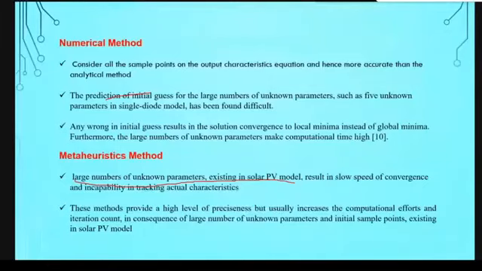But in addition to these areas, you can also explore research in reducing the model of solar PV: how you can reduce its unknown parameters. There are 5 unknown parameters, and these are a problematic issue for the parameter estimation technique.